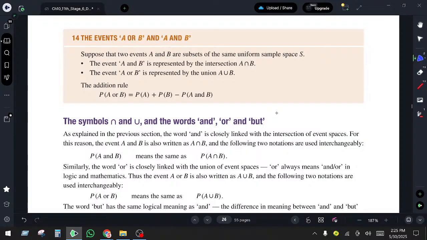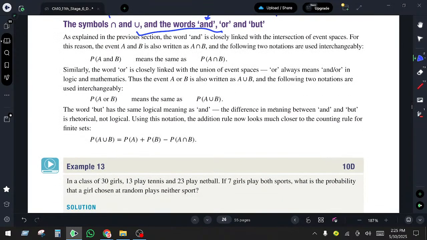There is no intersection, there is nothing common, so we add directly probability of A plus probability of B. Intersection means and. Union means or. Both are mandatory operations. So this is your main final formula.